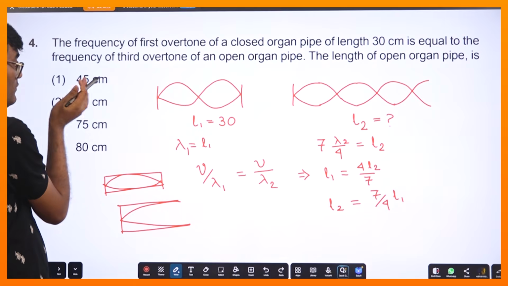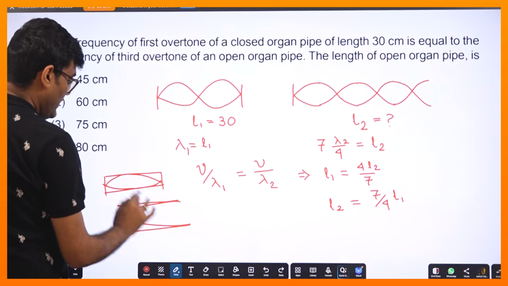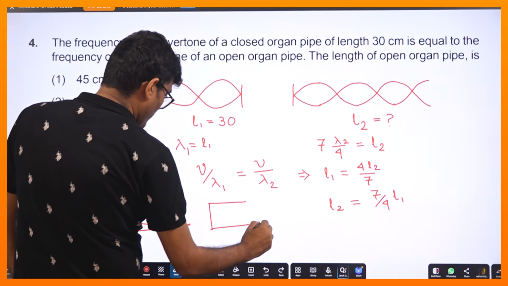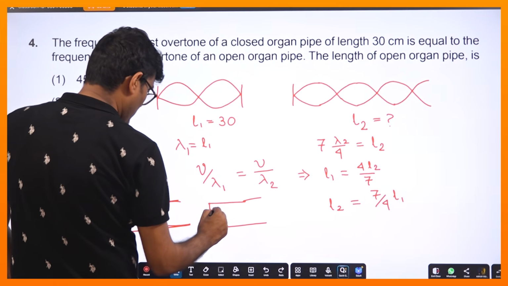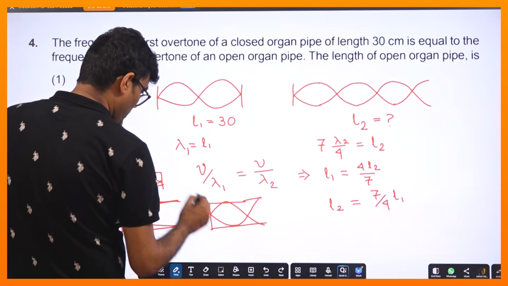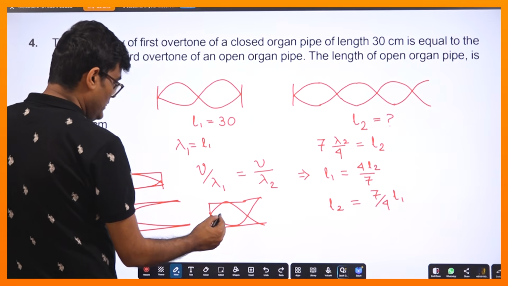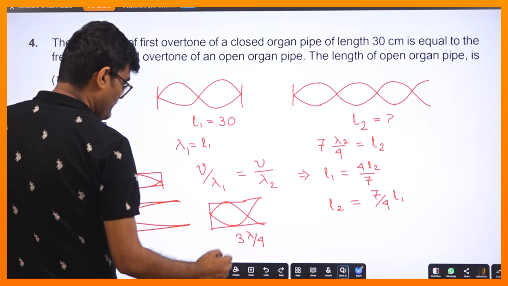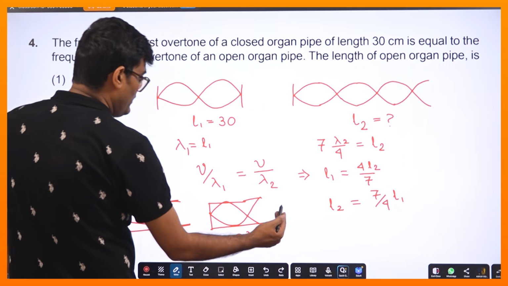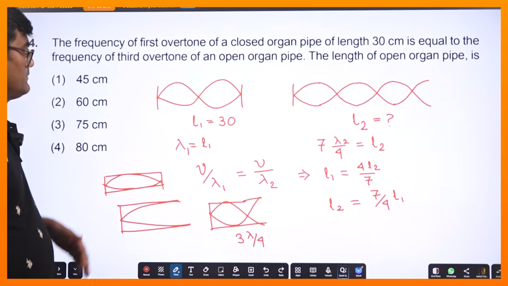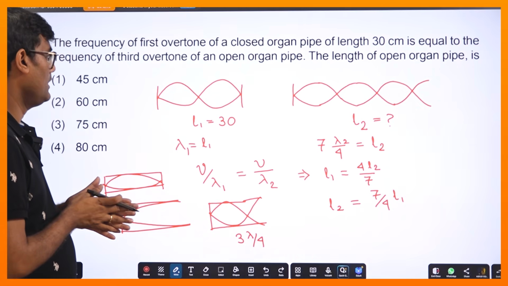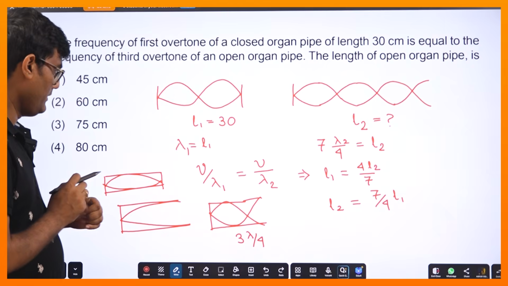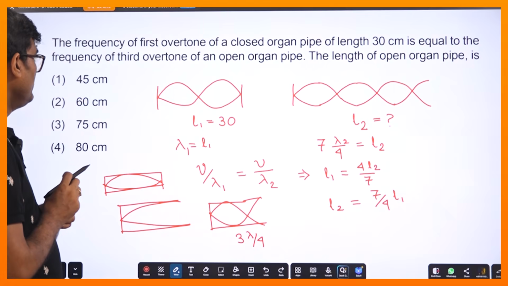This is the fundamental frequency, then the first overtone will look like that, 3 lambda by 4. The second overtone will be 5 lambda by 4, and the third overtone will be 7 lambda by 4. So 7 lambda by 4 is equal to L2.